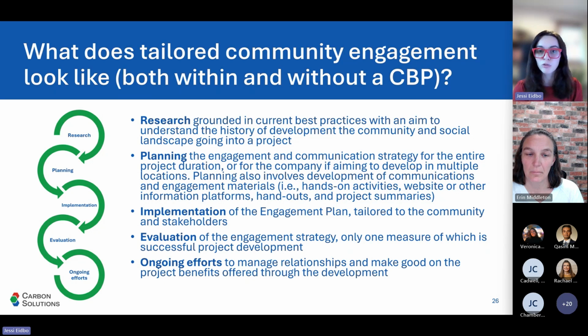You may have tendrils before you have a quote unquote full-blown one, but doing this planning allows you to move forward with a way to execute your engagement strategy in a really mindful way because you've put in the work in advance. You move into implementation for a CBP. That looks like implementation of the engagement plan tailored to the community and stakeholders. But for your project without the CBP, it may look slightly different. However, this is when you're going out and actually doing the work.